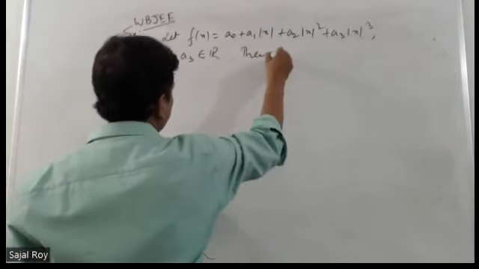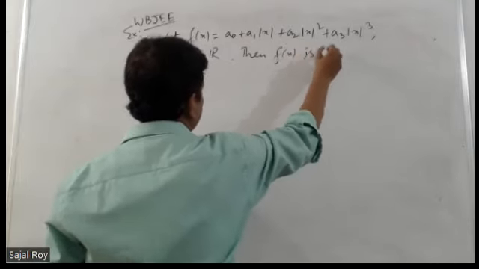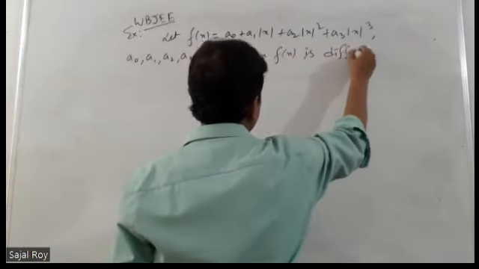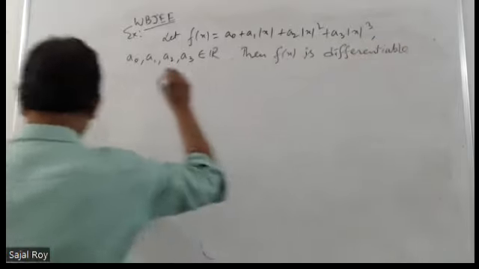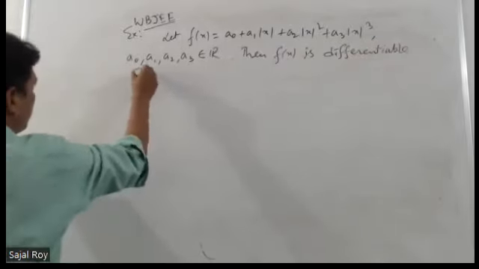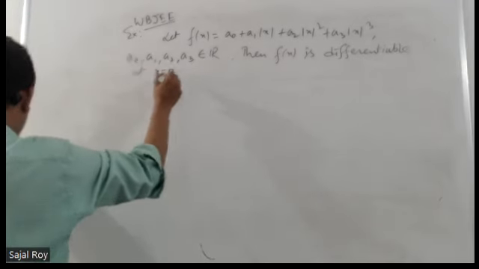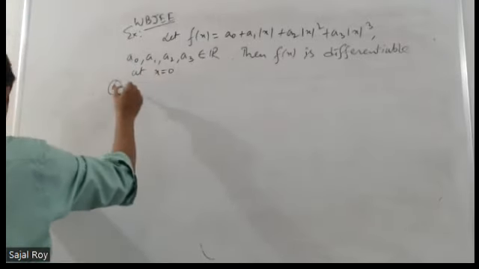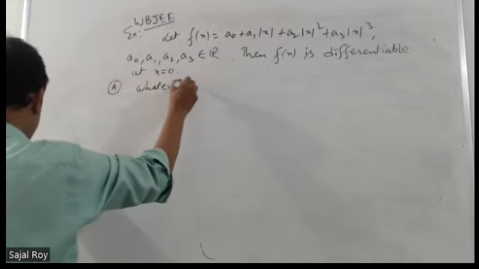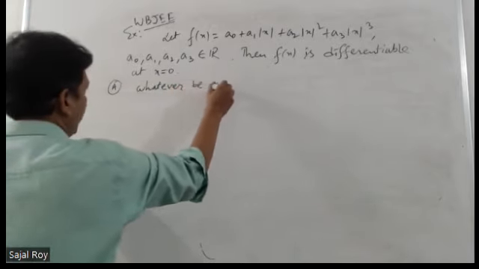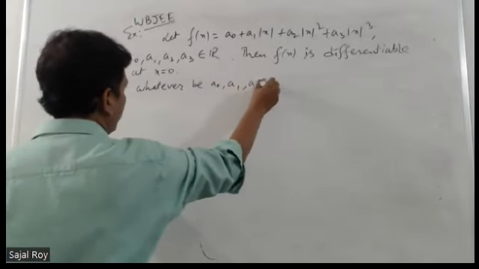Then fx is differentiable at x equal to 0. Your options are: whatever be a0, a1, a2, a3.